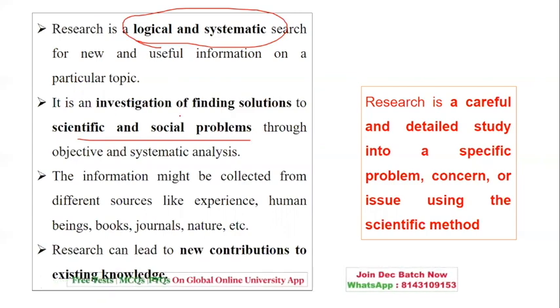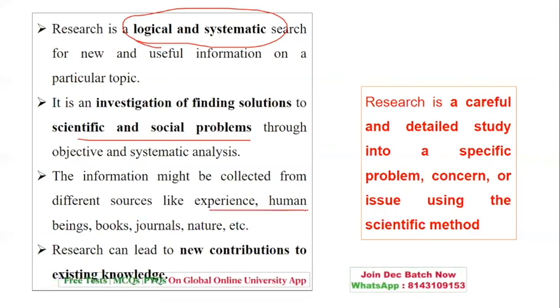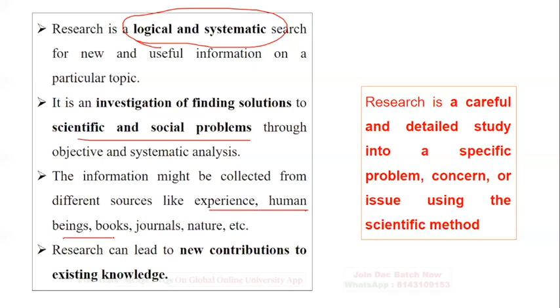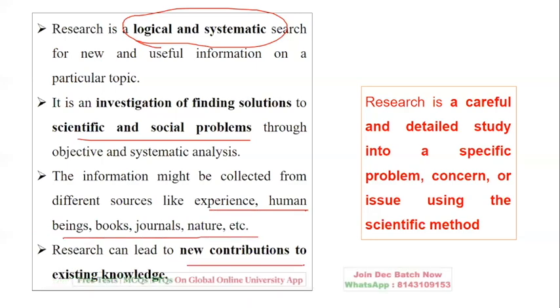Very, very important point. They always stress the questions in such a way that, though these topics are given, sometimes you get confused, so you have to be very clear with that. The information might be collected from different sources, like experiences, human beings, books, journals, nature, etc., and it leads to a new contribution, including the existing knowledge.